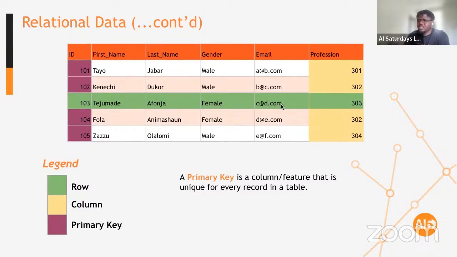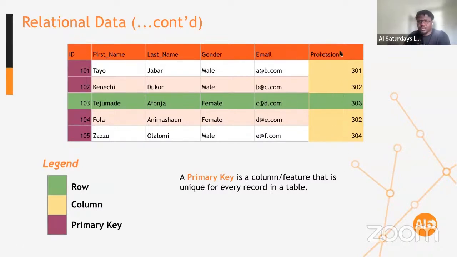She is female. This is her email, and this is the profession that she belongs to. So you can see that once we take out 103, we've taken out everything about Tejumade from this table. It is a complete collection of info. That's what a row is. Meanwhile, if we look at what a column is, just one field.